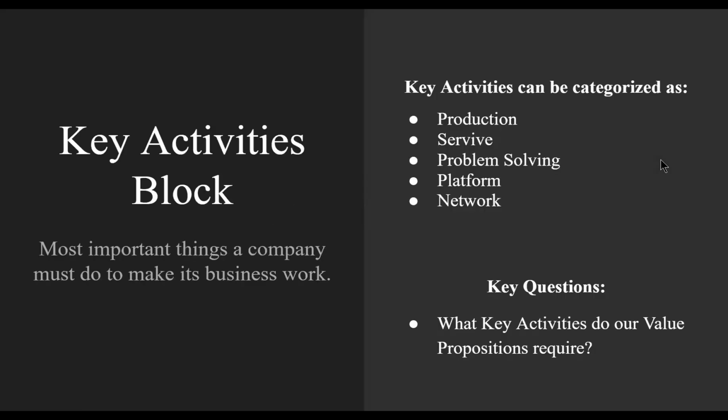The key activities part is the most important things your company must do to make its business continue working. Do you provide a physical product? Do you provide a service? Do you provide a platform? Do you provide an application? Do you provide problem solving on a current problem? You need to state the main title of the thing you do.